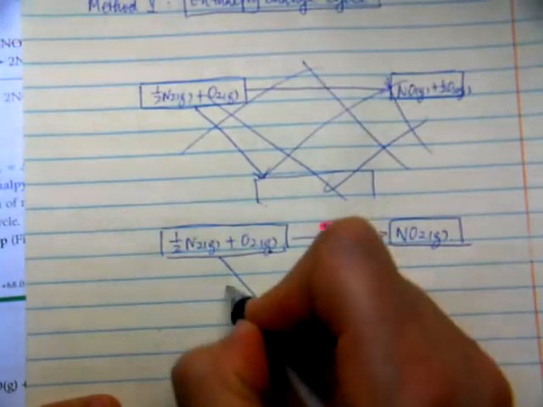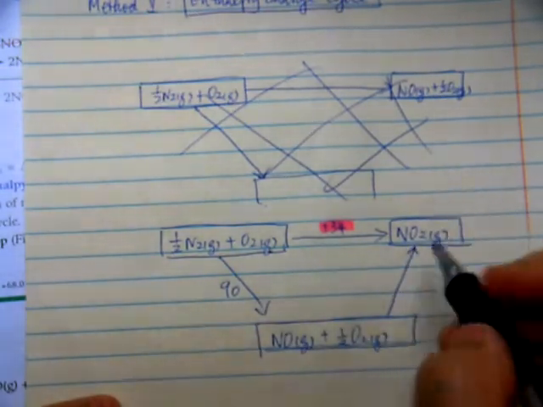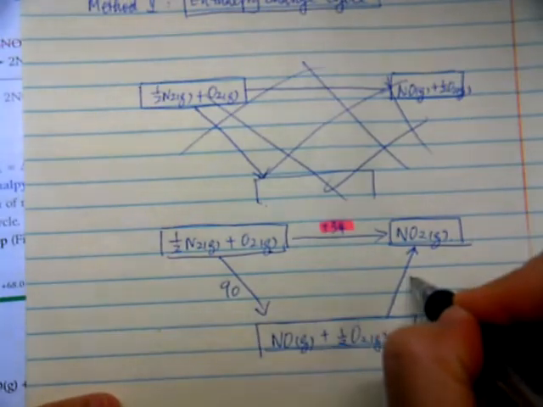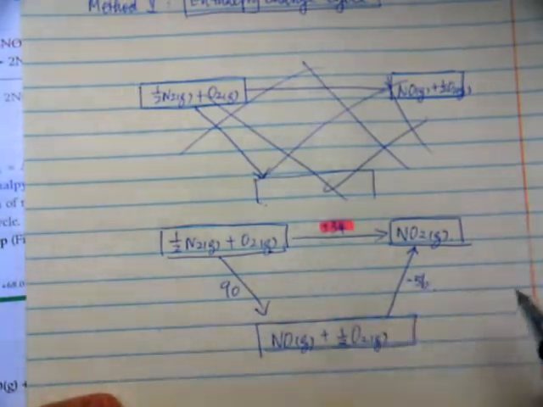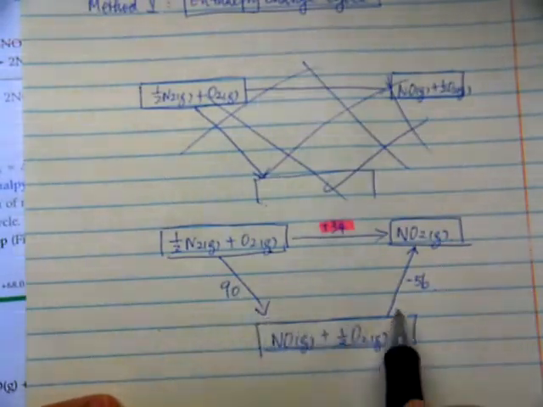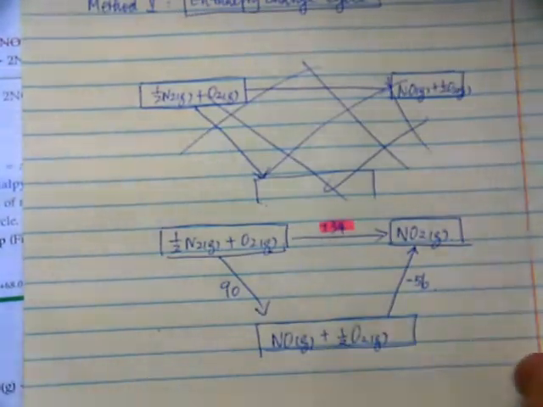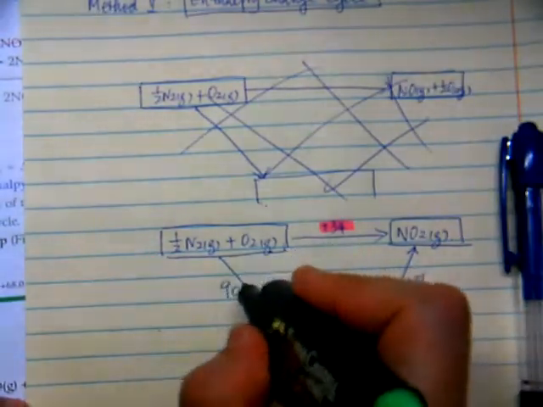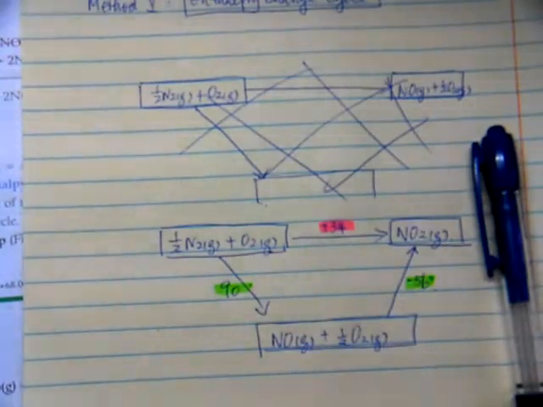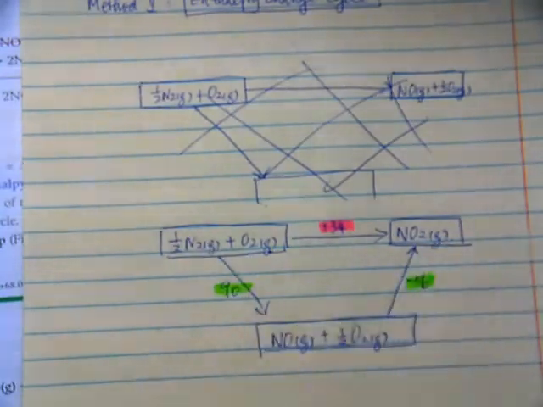We have 90, and then this is the second step of route B, with a value of negative 56. Again, can you see that 90 plus negative 56 is equal to 34. I color these two in green so that you can see clearly. These are the steps for route B.